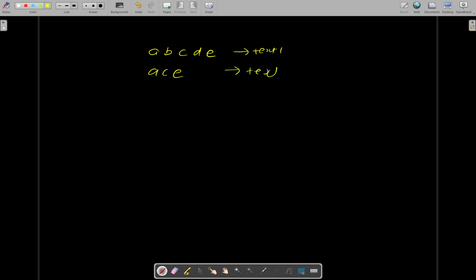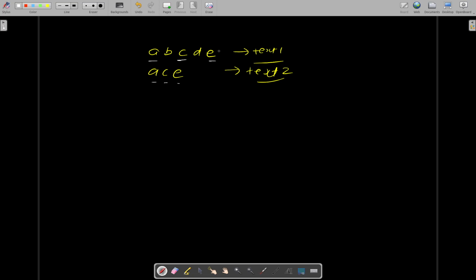Okay, this is the second string. Now if you were to find out what the longest common subsequence is, just by observing you will be able to know that the longest common subsequence that we have is ACE.